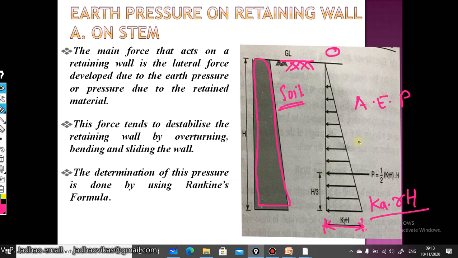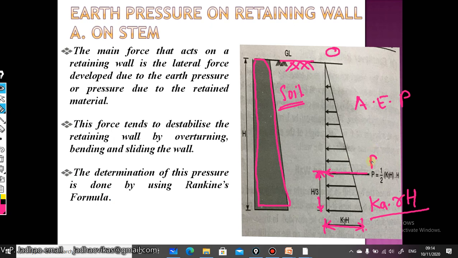So the resultant force due to this particular active earth pressure will be acting at a height h by 3, which is shown in this particular figure. It will be acting at a height h by 3, and the magnitude will be the area of this particular figure.